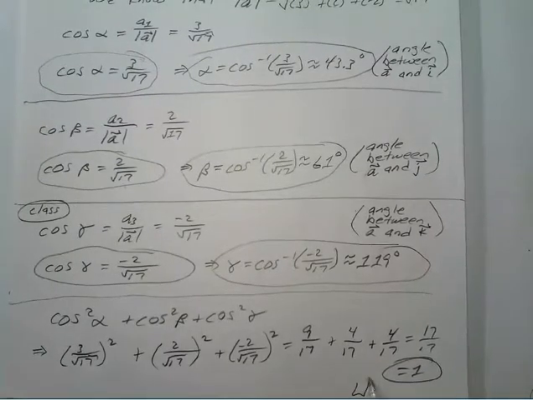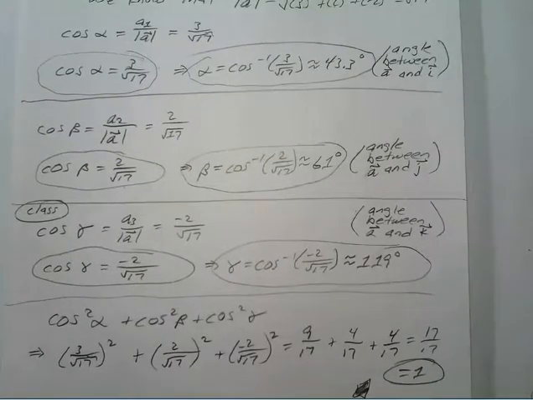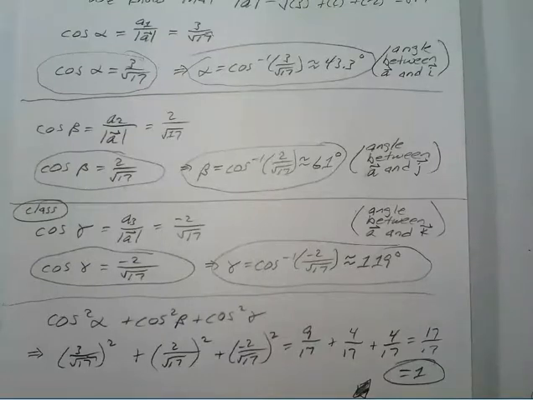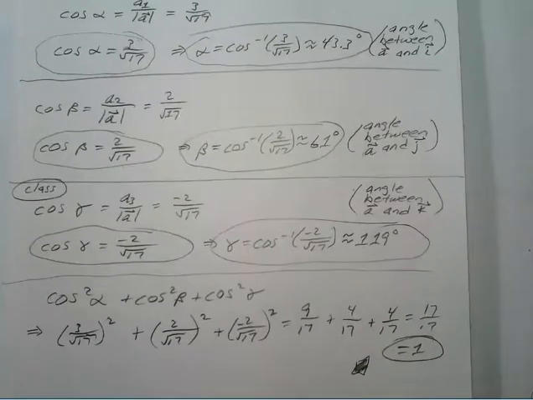Okay, so we have just verified that the sum of all of those directional cosines squared is equal to 1. All right, so if you are still writing, feel free to press pause, but we're going to go ahead and move on.